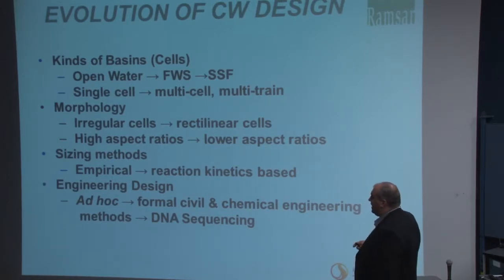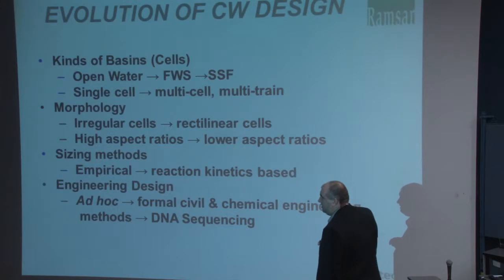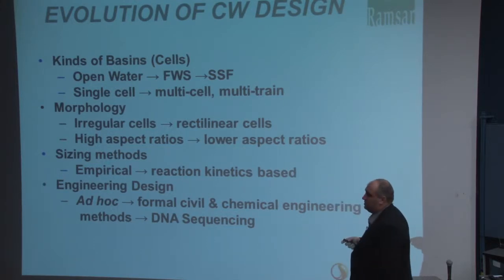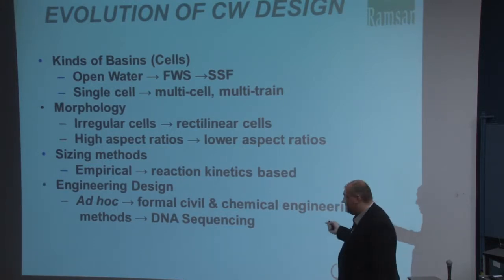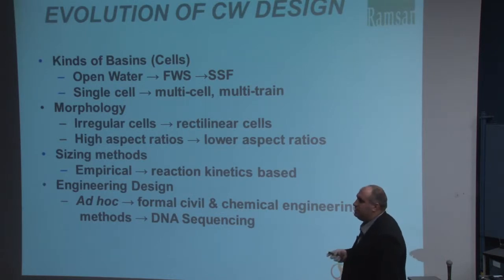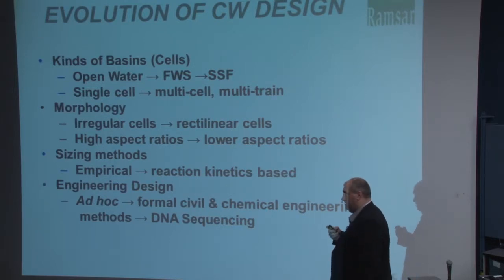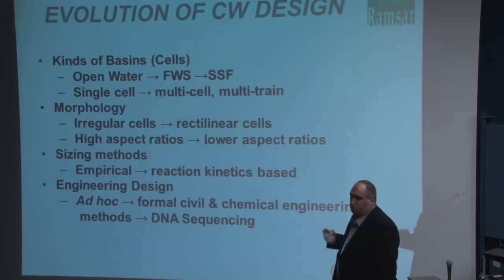Their morphology has evolved from irregular cells to more rectilinear cells, high aspect ratios to low aspect ratios. Sizing methods have evolved from empirical methods to methods that are now really sizing based on reaction kinetics.